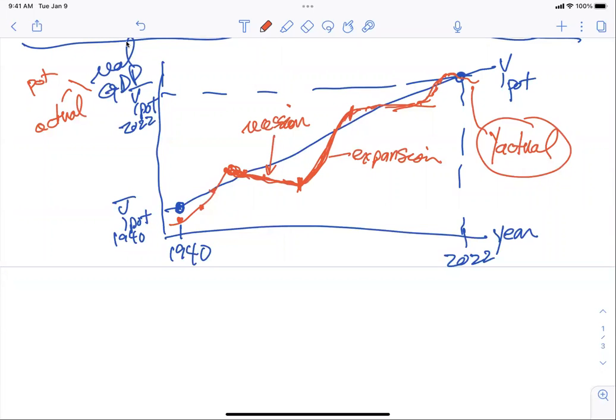But in any given year, any given month, things might be getting worse or things might be getting better. This is just one measure of that, in terms of real GDP. We don't just use real GDP. That was the point in chapter 8. We use a variety of different indicators to tell us about what's happening in the economy. So what's happening when we have a recession? What's happening to employment?